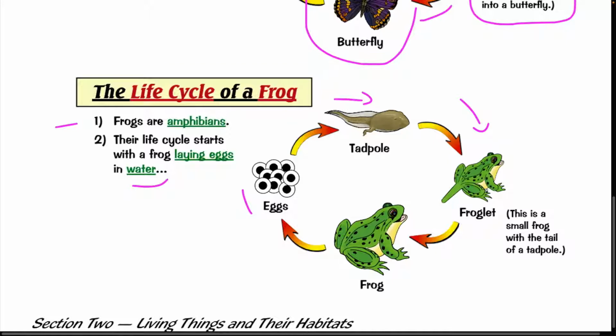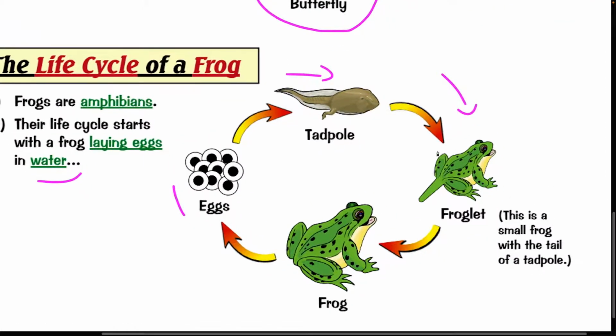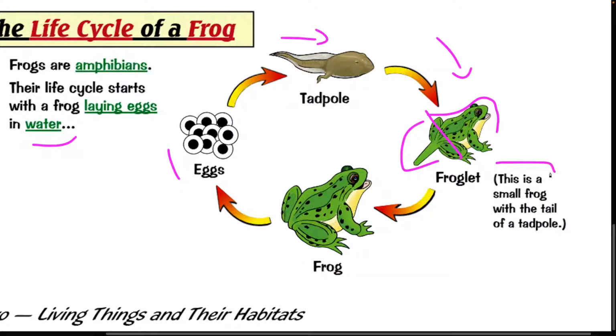This is interesting. Check it out. Here is the froglet. A froglet has the body, but it's like half frog and half tadpole, right? That's why the definition here: this is a small frog with the tail of a tadpole, which means it's not entirely developed.